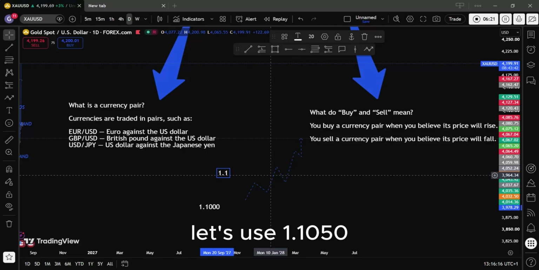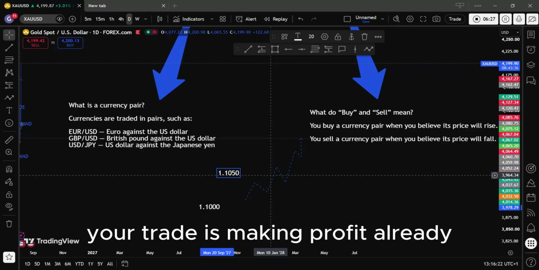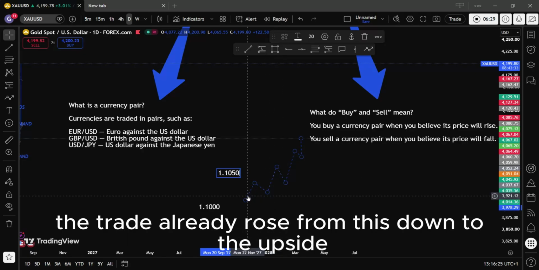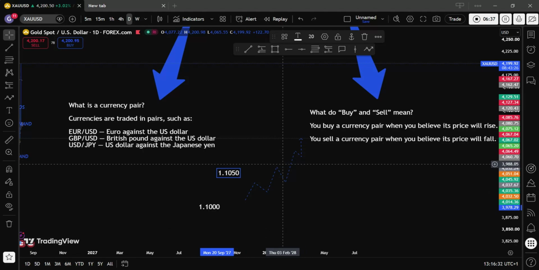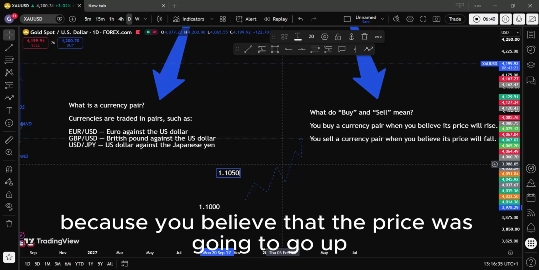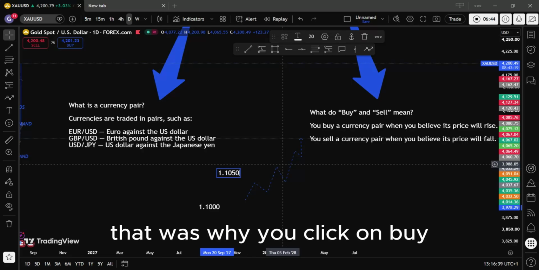Let's use 1.1050. Your trade is making profits already, because the trade already rose from this up to the upside. So you are in profit already. You bought because you believed that the price was going to go up. That was why you clicked on buy.